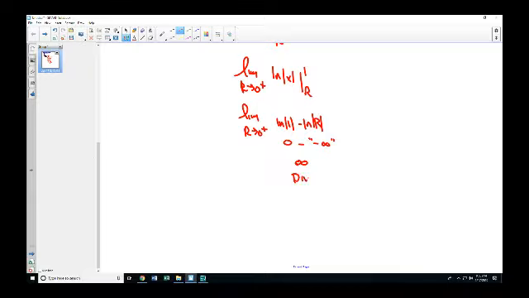Okay, so this area goes to infinity. You keep counting and counting, the closer and closer you get to zero, you keep counting up area, and it goes to infinity. Can't you diverge if it's just negative infinity as well?